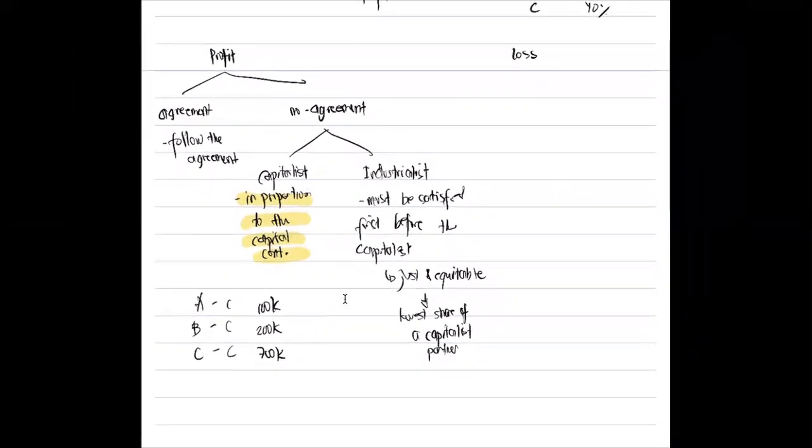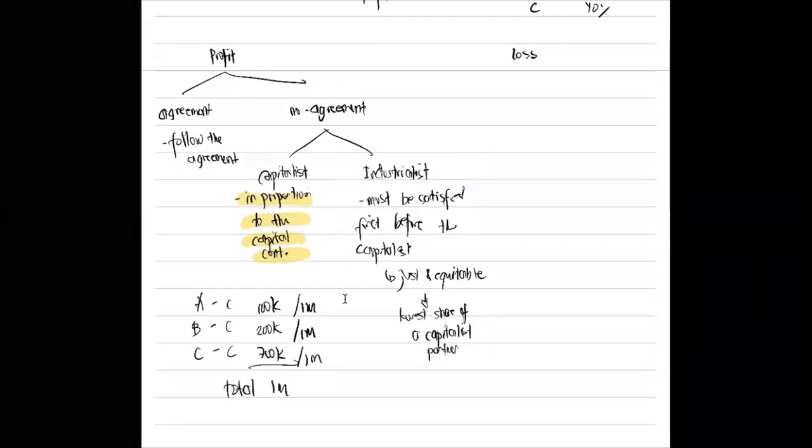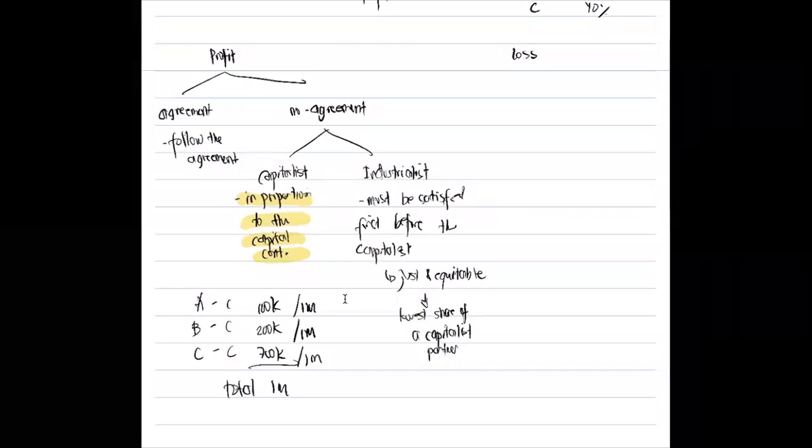You get the total capital contribution, so 1 million, and you get the proportion. So this is 100,000 over 1 million, 200,000 over 1 million, 700,000 over 1 million. That's how we will divide the profit if there is no agreement as to your capitalists.